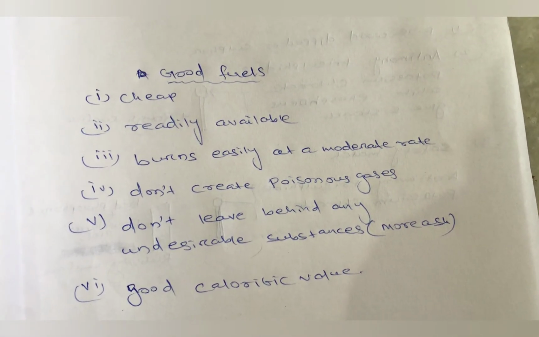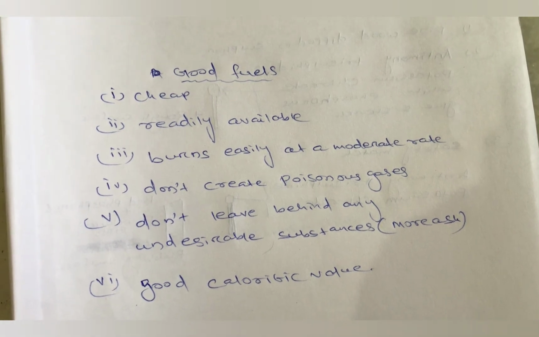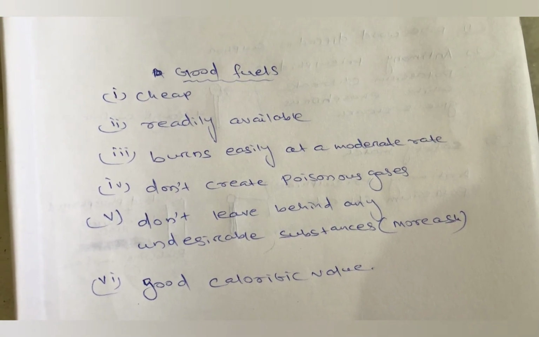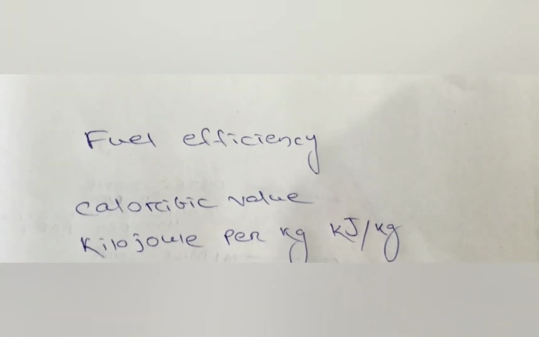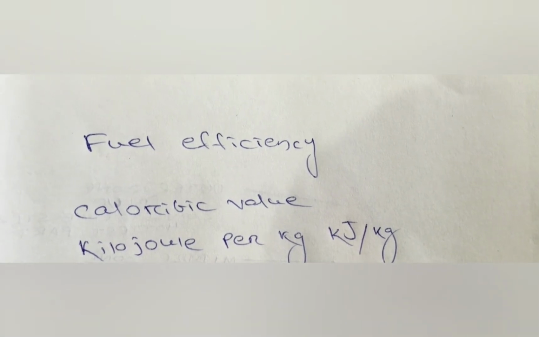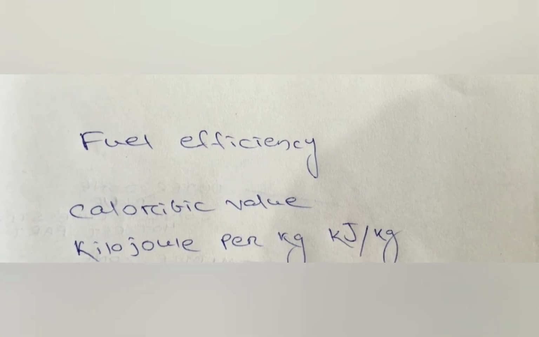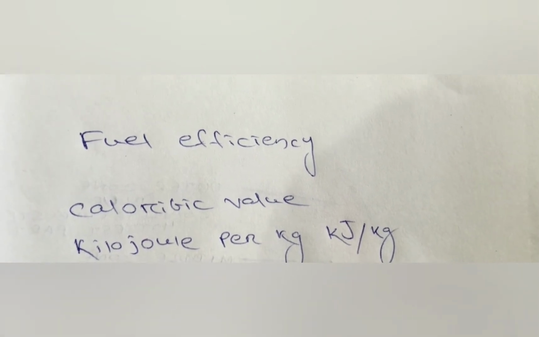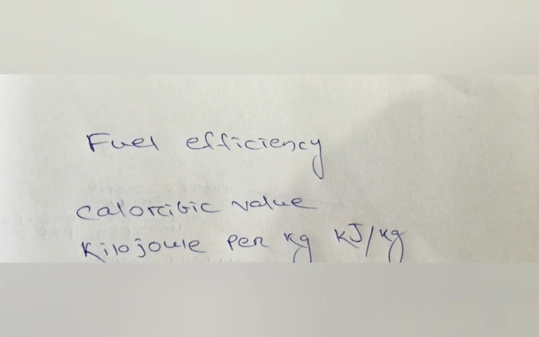Calorific value is the amount of heat produced by complete combustion of 1 kg of fuel. The fuel efficiency is expressed in terms of calorific value, and the unit of calorific value is kilojoule per kg. Joule, as you know, is the unit of work.